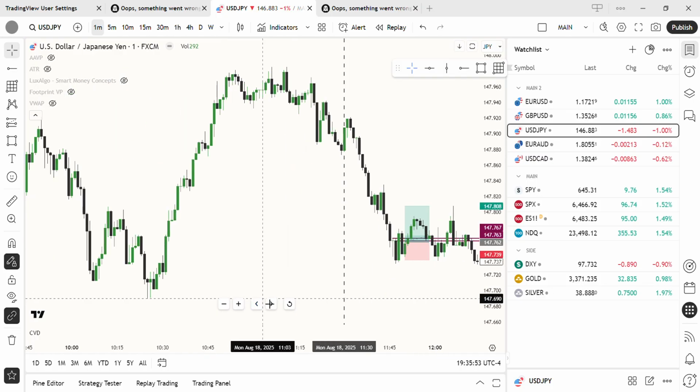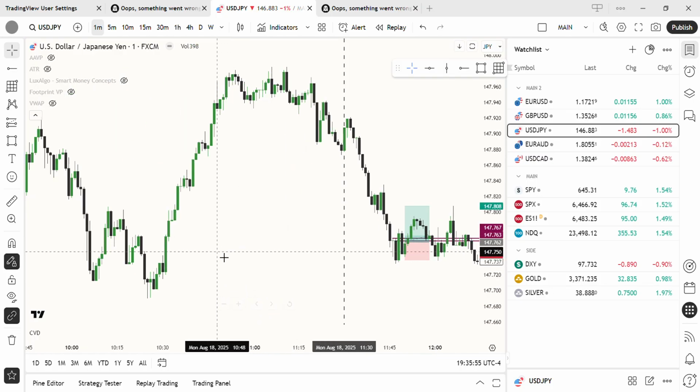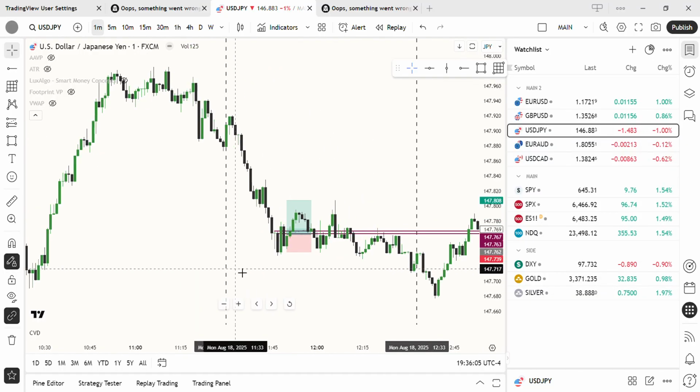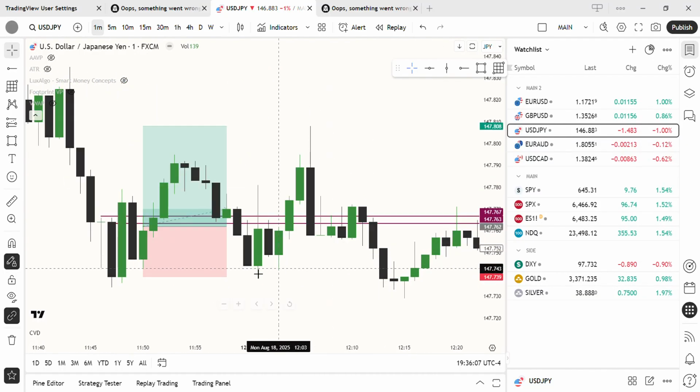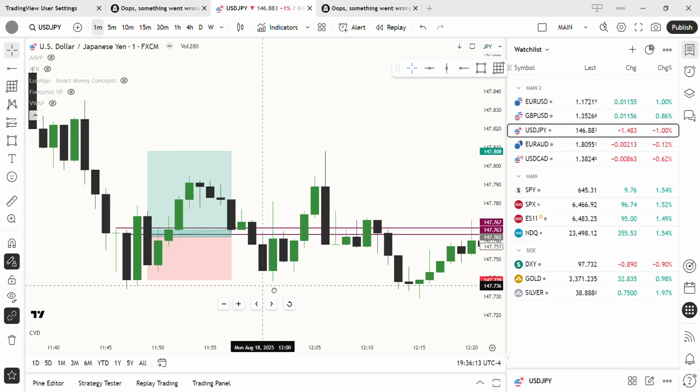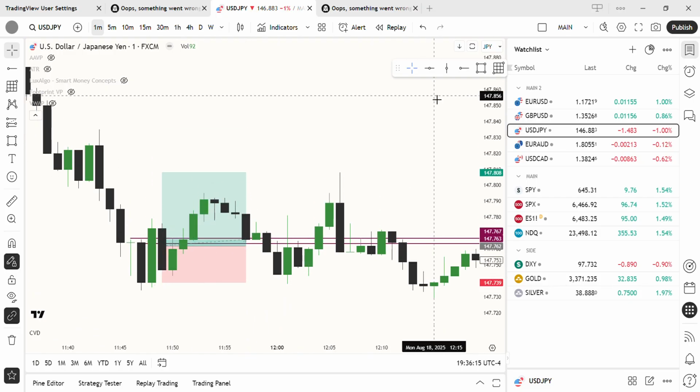But is this a liquidity sweep? Could be bouncing off of this imbalance here. These lows. Breakaway fair value gap.